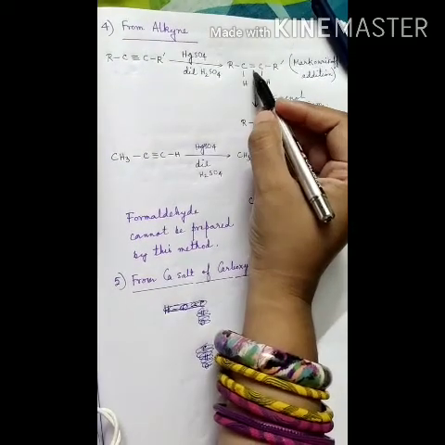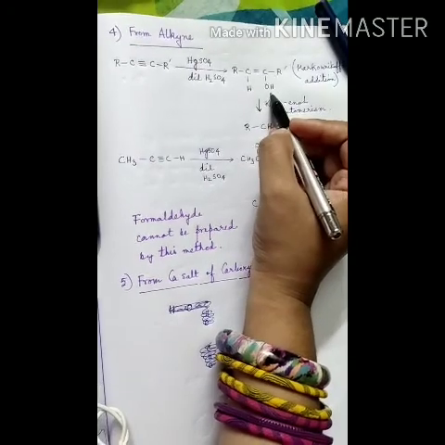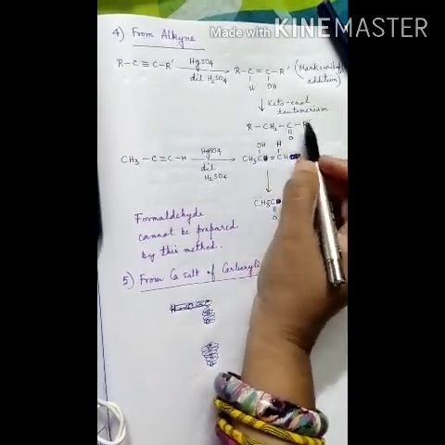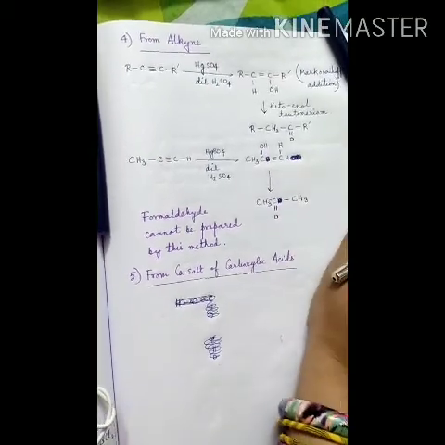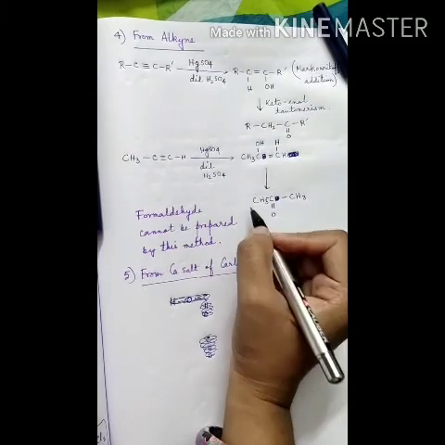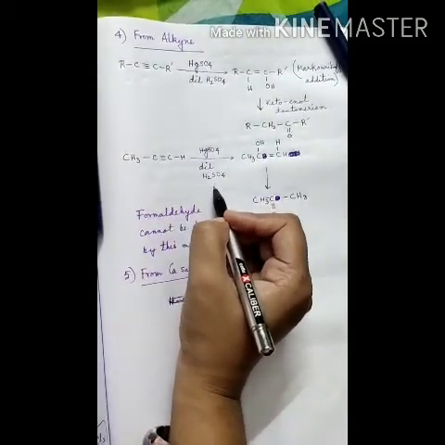Enol means one ene and one ol is there in the compound, but this enol is very unstable and due to this it undergoes keto-enol tautomerism to give us the more stable keto form from where we get the aldehyde and ketone. Here we are obtaining acetone where we are treating propyne with HgSO4 and dilute H2SO4.